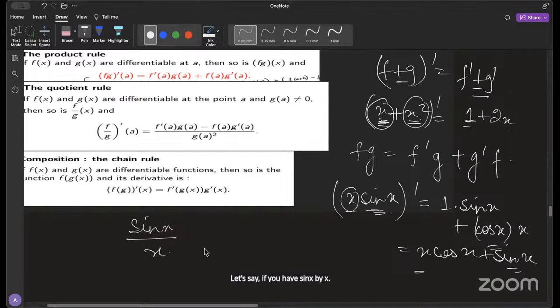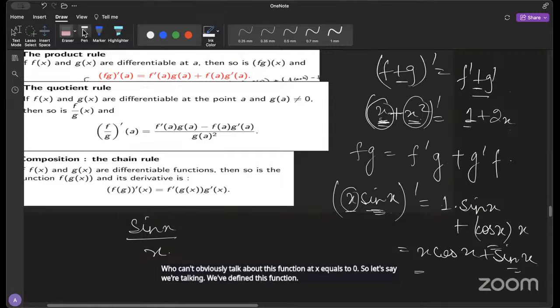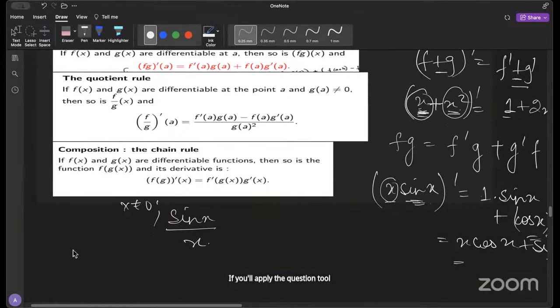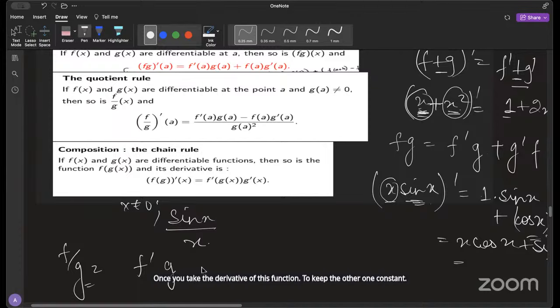Let's say you have sine x by x. To find the derivative of this, you obviously can't talk about this function at x equals 0, so let's say we've defined this function for x not equal to 0. If you apply the quotient rule, first you take the derivative of the numerator and keep the denominator constant.